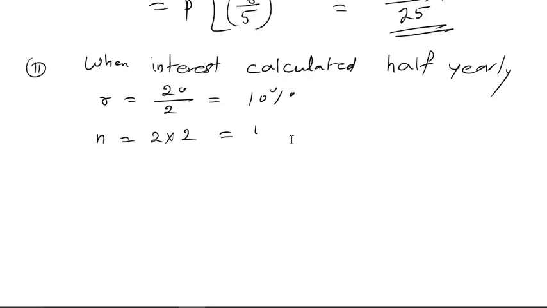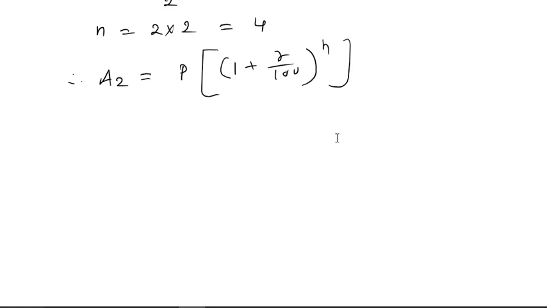So therefore your amount, let us take this as A2, it will become P into 1 plus R upon 100 power n. The value of P will remain P, 1 plus R will become 10 upon 100, the whole power 4.